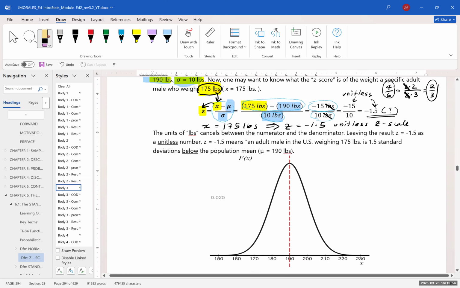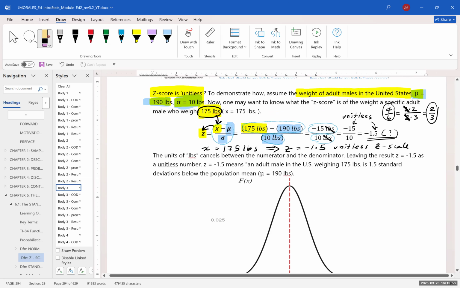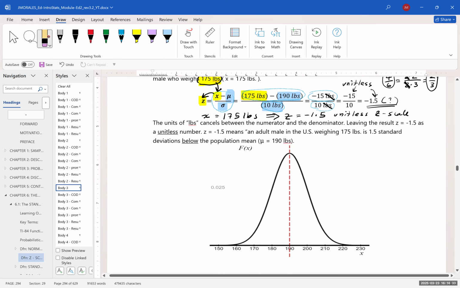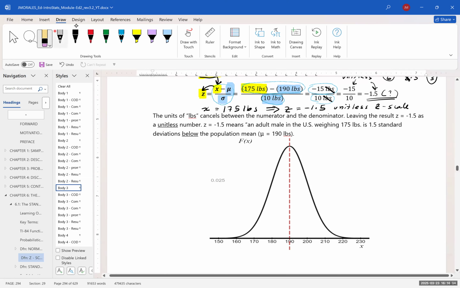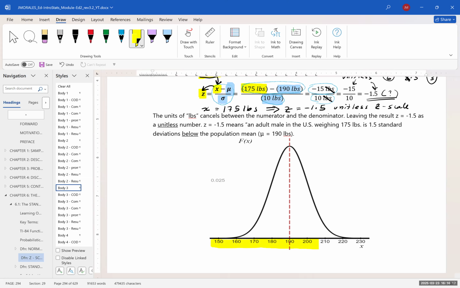All right, now we've done this mathematically, but that doesn't paint a picture. So let's look at a picture of what this means. Down here along the horizontal axis, this is where we have weight in pounds.